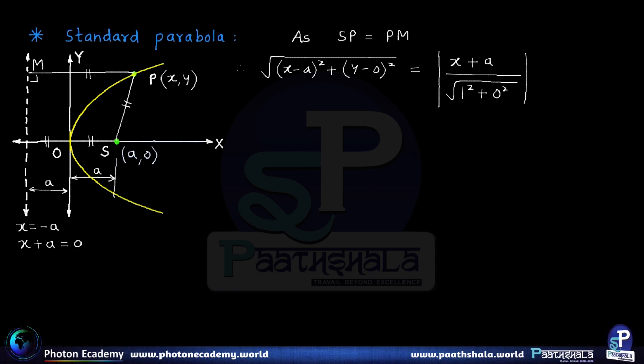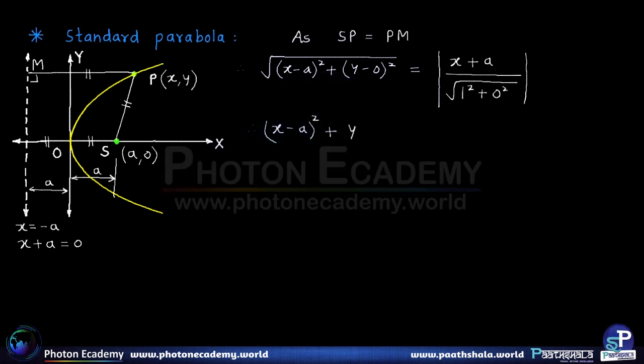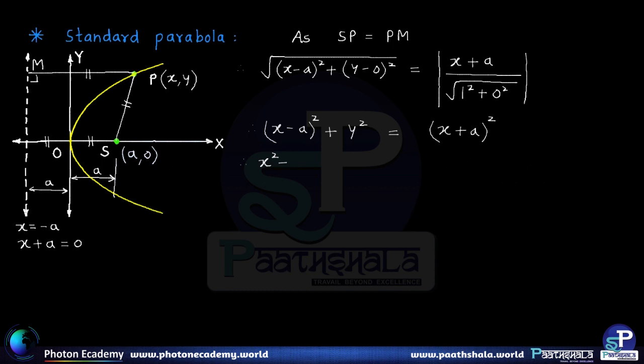Now here we see the roots on both sides as well as the modulus sign, so we will square both sides, and on squaring we will get (x minus a) the whole square plus y square is equal to (x plus a) the whole square, and the denominator is 1 because it is root 1. Alright, so now let us expand the brackets, so we get x square minus 2ax plus a square plus y square equal to x square plus 2ax plus a square.